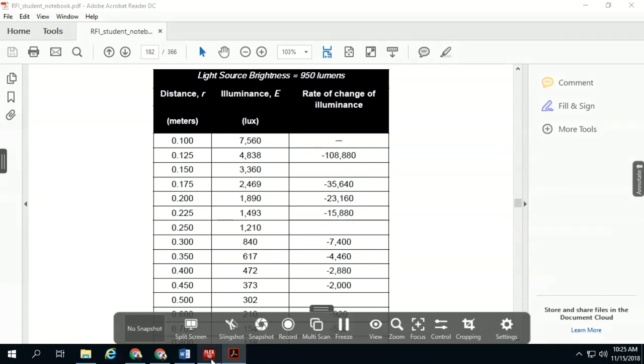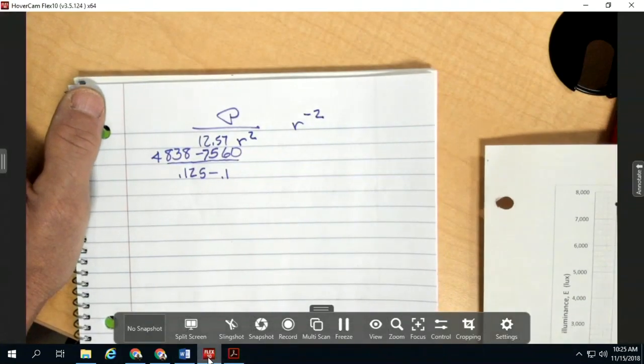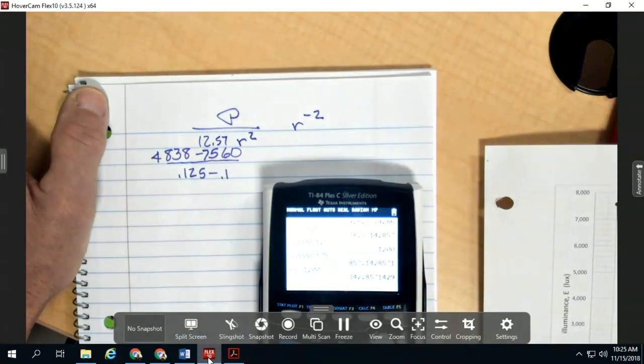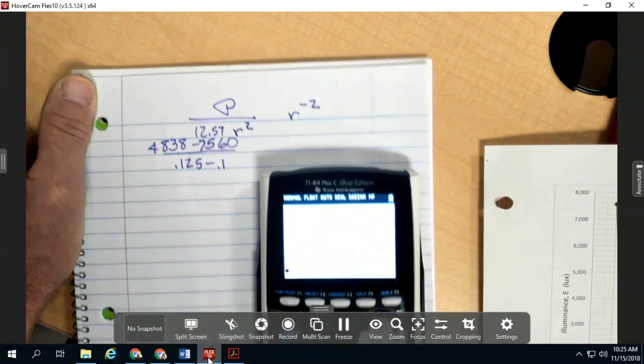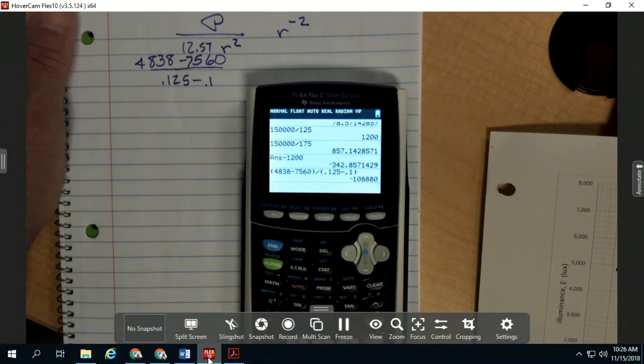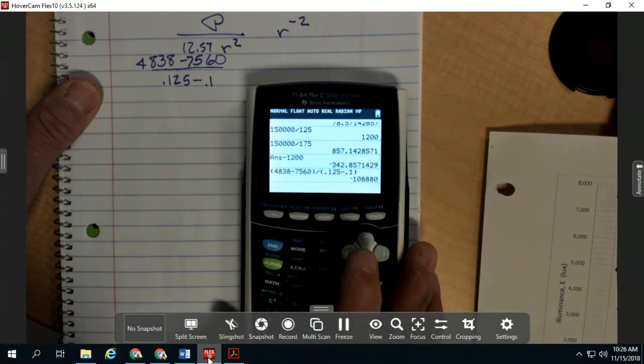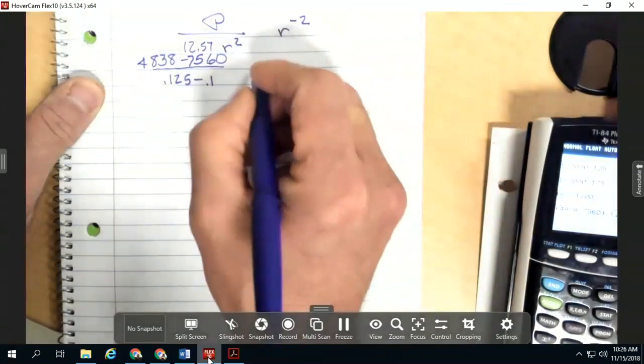So our math looks like this. And when we press it on our calculator, 4838 minus 7560 divided by parentheses 0.125 minus 0.1, close parentheses. You notice that the rate of change is what they said it was, negative, it's going down, negative 108,880.